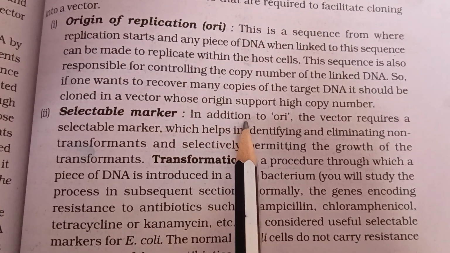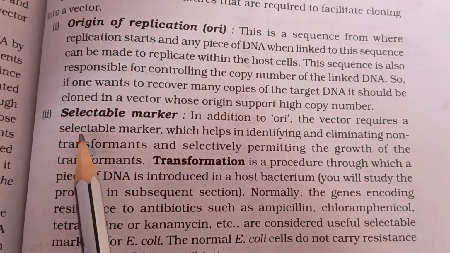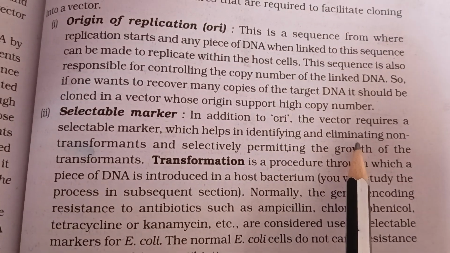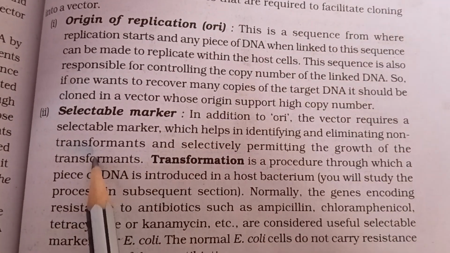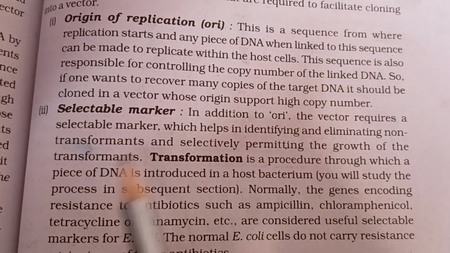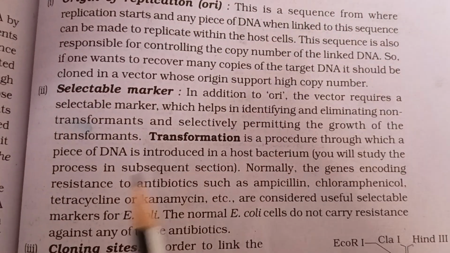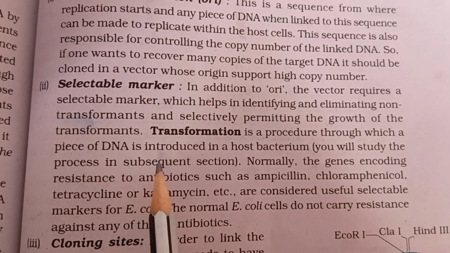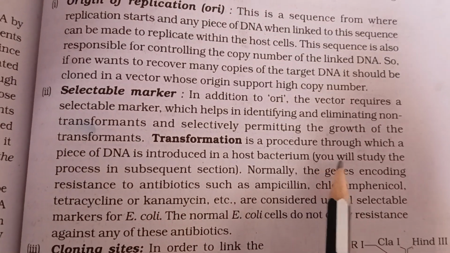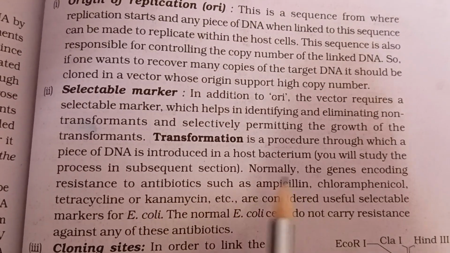Selectable marker. In addition to ORI, the vector requires a selectable marker which helps in identifying and eliminating non-transformants and selectively permitting the growth of the transformants. Transformation is a procedure through which a piece of DNA is introduced in a host bacterium. We will study about the process in subsequent section.